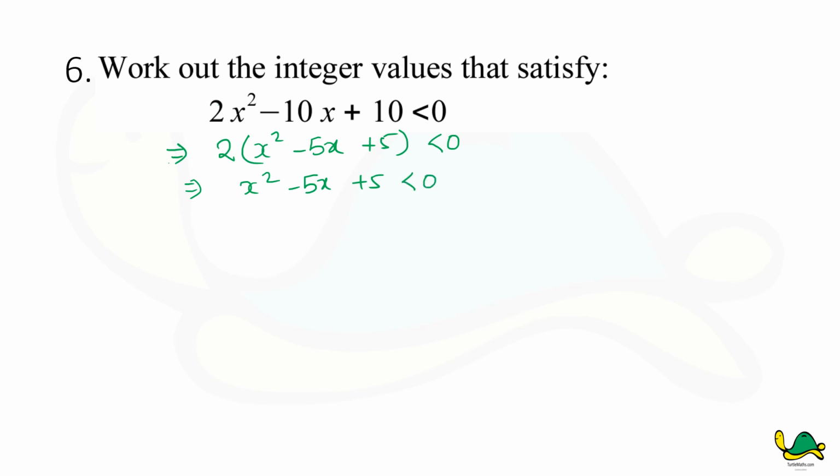So the next step is that I want to find the x-intercepts. I want to solve this quadratic. I want to find where x square minus 5x plus 5 is equal to 0.